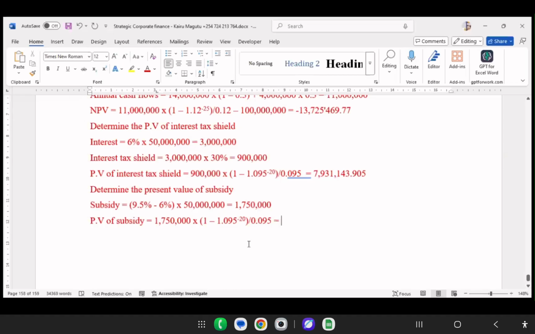How much is the present value of the subsidy?